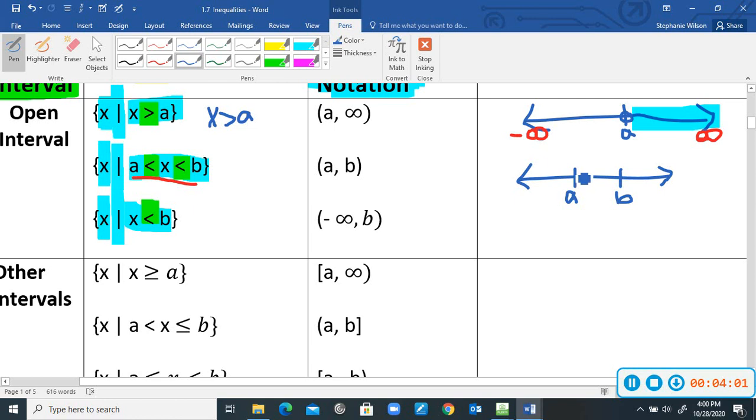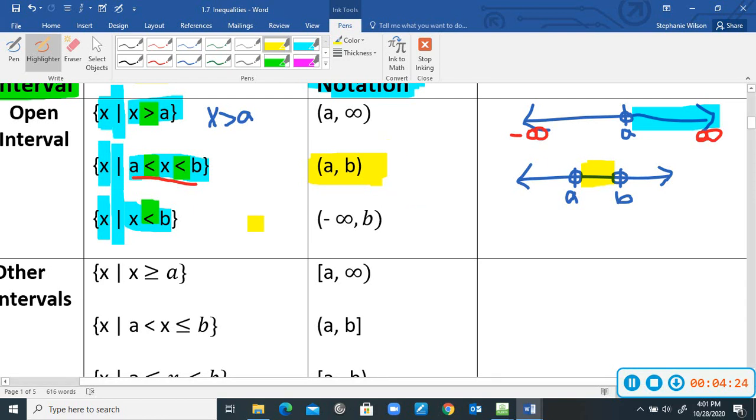So I'm going to put an open circle because it is an open interval. And it says that x falls between those 2 points. It falls between here. So that's where we get this interval notation of parenthesis a comma b parenthesis, where it's an open interval and the value that we're looking for falls between those 2 points.